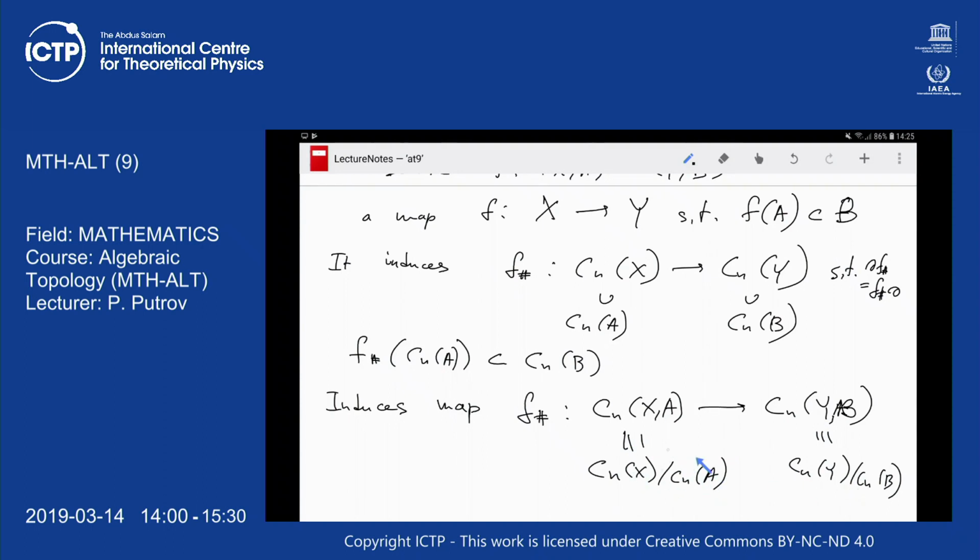Because if I consider elements modulo elements from this subgroup, I will get a well-defined element of this quotient. And since I have this condition for the map between the original abelian groups, the same condition will hold for the quotients.